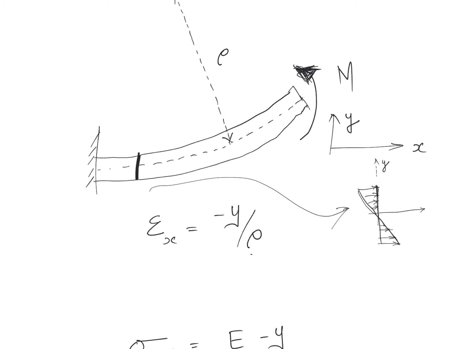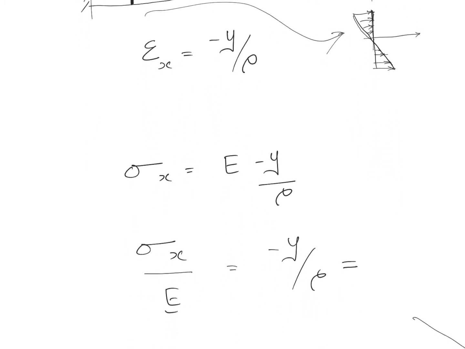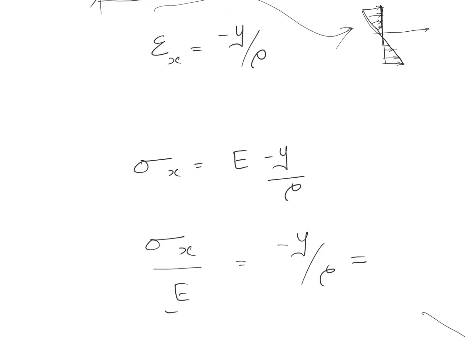Now you know the strain profile. The stress is easy to arrive at, because we assume the material obeys Hooke's law and is linear. Then the stress is Young's modulus times the strain. Fairly easy. Now you may be wondering, because I didn't explain what rho is.